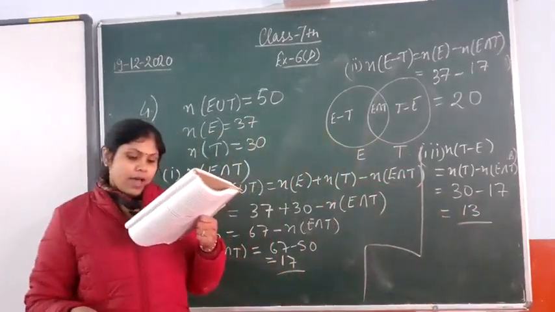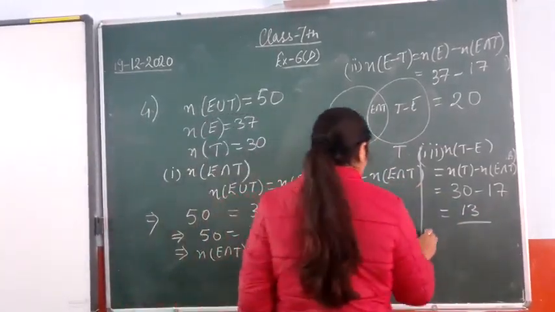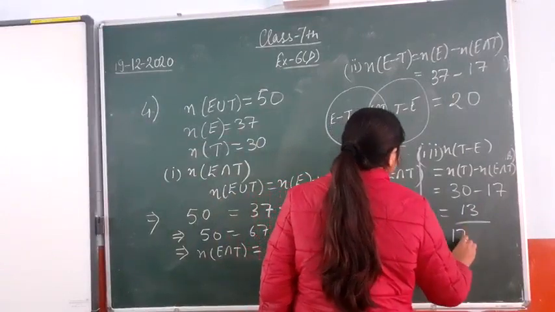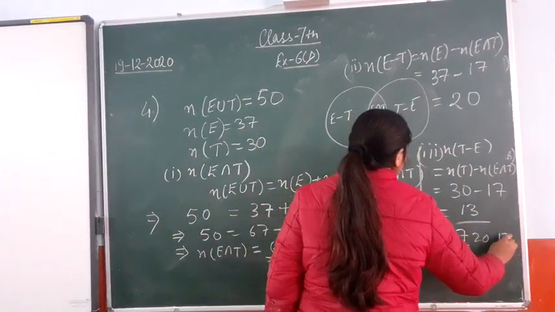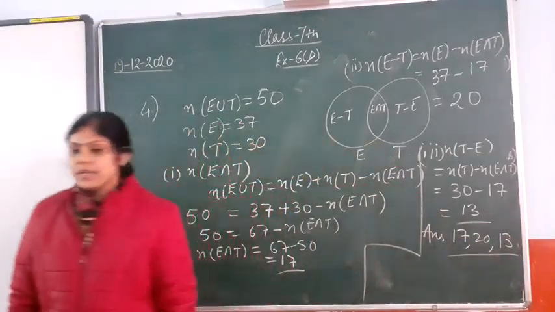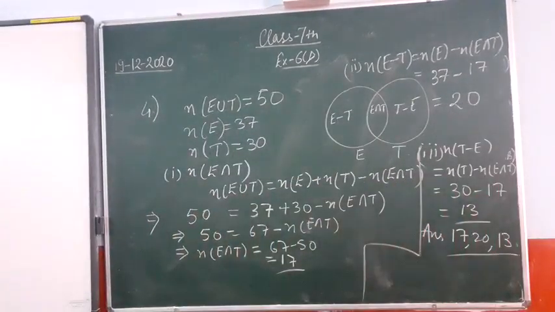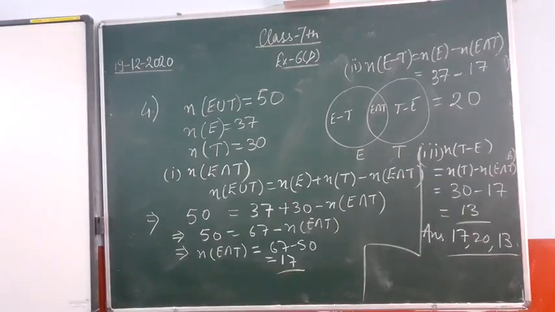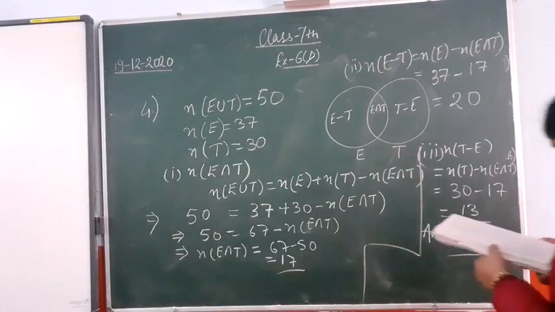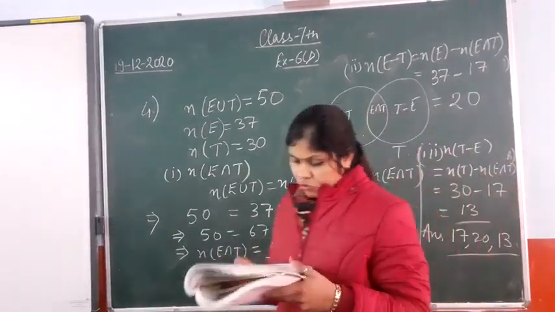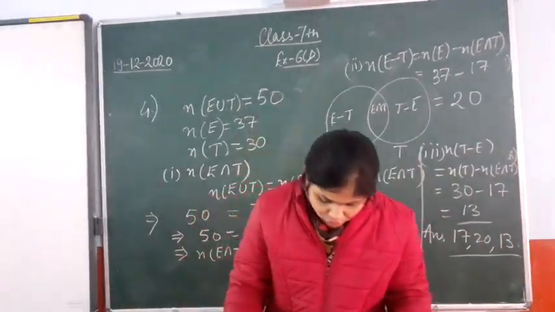This is the answer. You got the answers as 17, 20 and 13. So this is question number 4. Please do it fast. Fine. Now, the fifth question will be your homework.